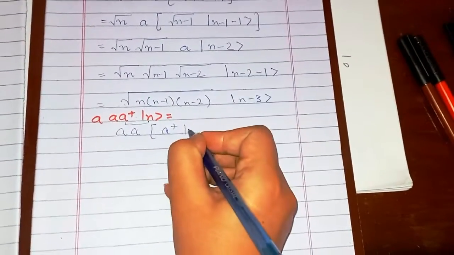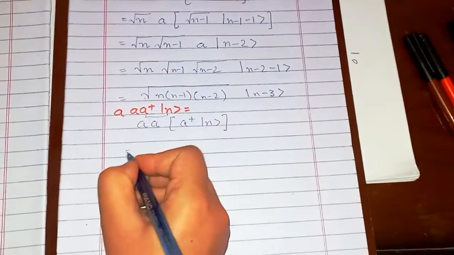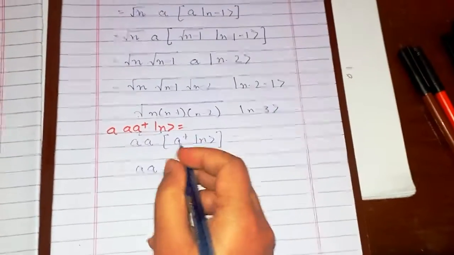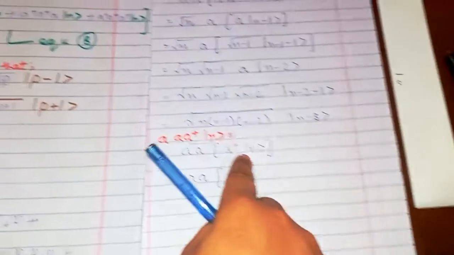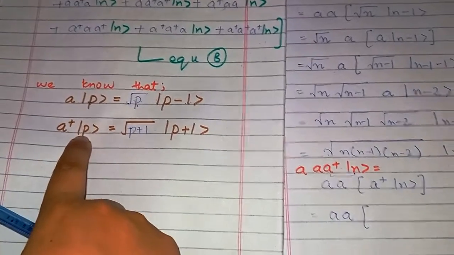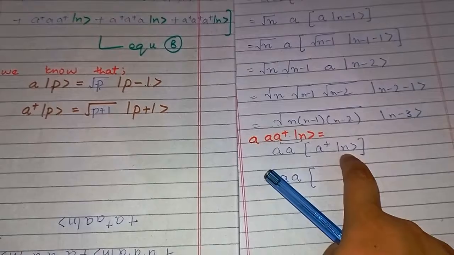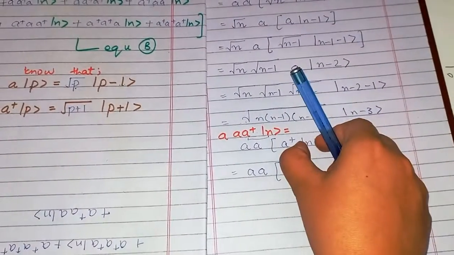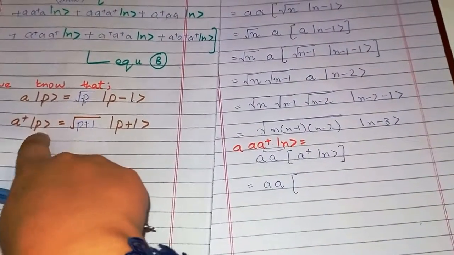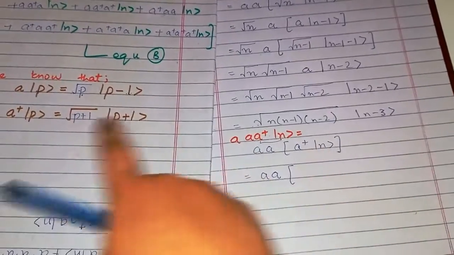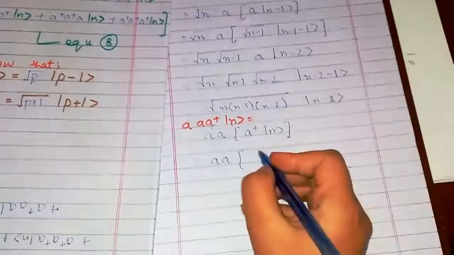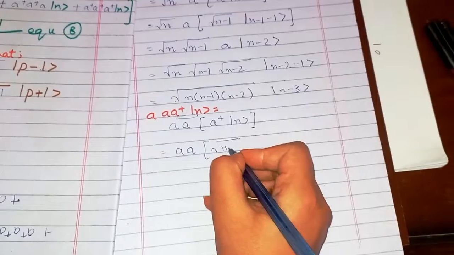A plus applied on n ket. You can see that the raising operator is applied on n, so we'll use this formula, and instead of p you'll write n. You just need to compare what you have, and we can see that instead of p it's n, so you'll put n in place of p here and you'll get the result.